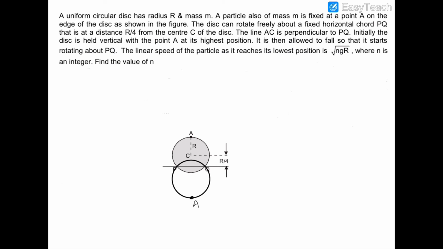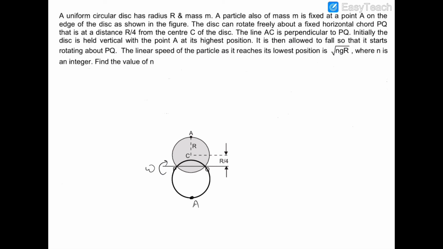So let us suppose that when this ring has descended down, the angular velocity of the ring is omega about this axis, and obviously then the linear velocity of point A can be calculated. But first of all, we have to conserve the energy.